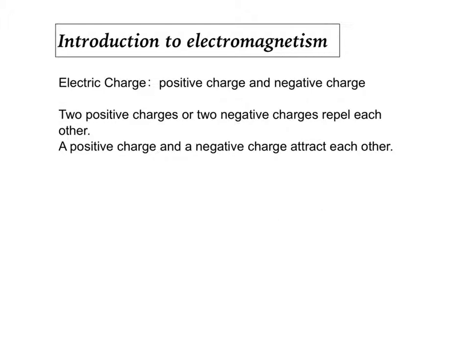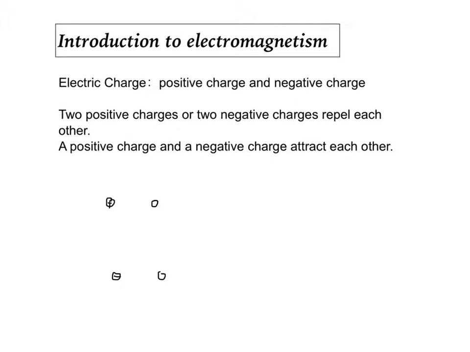Now I have a question for you. What if I put a positive charge here and a neutral object here? Or what if I put a negative object here and a neutral object here? What's going to happen?